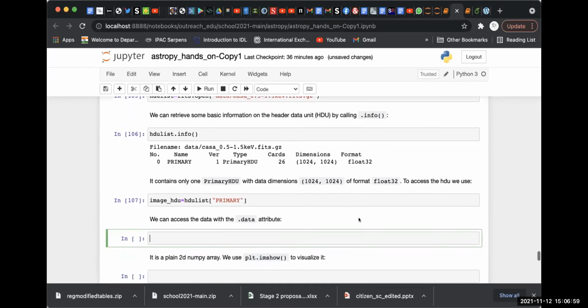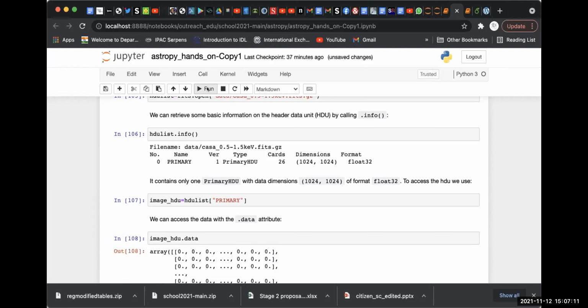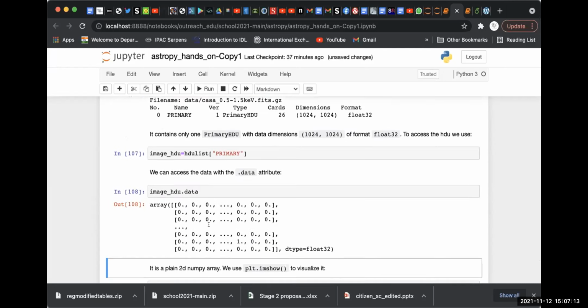I'll display this a little bit later. So I can see my image HDU data. You can see that this is an array. Like I told you, a two-dimensional image is nothing but an array.